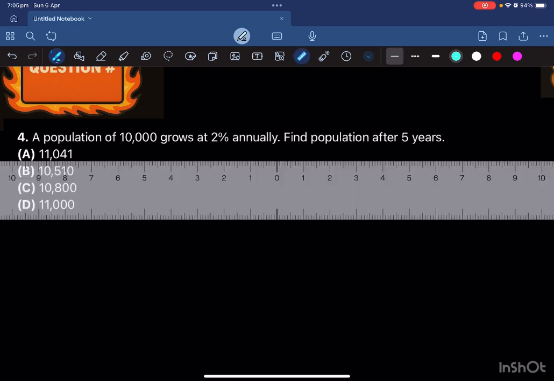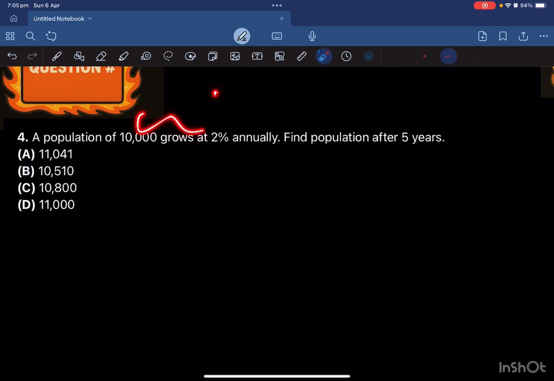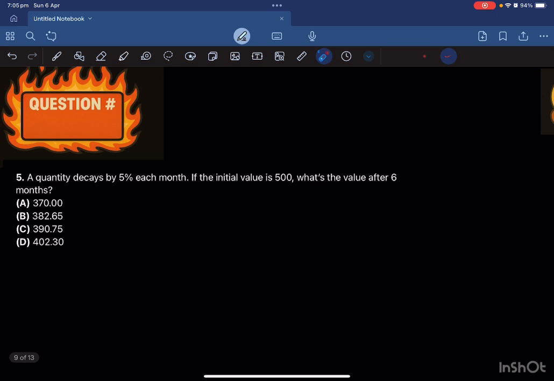You can do this in homework. So next, we have a quantity that decreases by 5% each month, with an initial value.